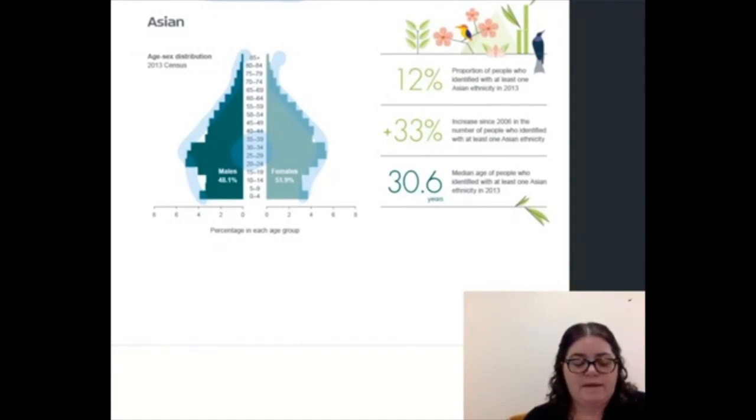In terms of children, there was a smaller number of children. Again, we've also got some statistics on the side about what proportion of the population identify as Asian ethnicity, how much that's changed, and what the median age of people is.